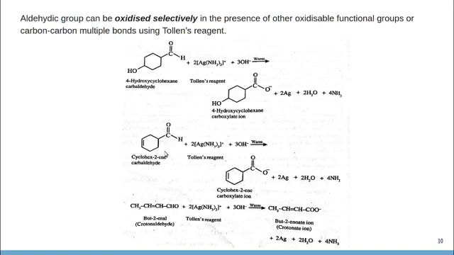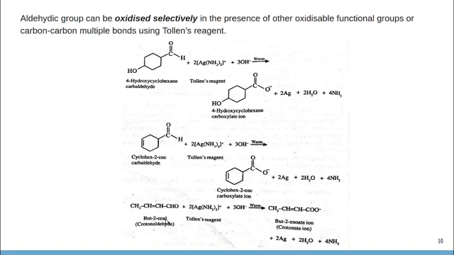Then another example is, in this compound we have one carbon-carbon multiple bond. So using Tollens reagent, this multiple bond will remain unaffected during oxidation. So we will get the corresponding carboxylate ion without affecting the double bond. Another example is oxidation of crotonaldehyde using Tollens reagent.